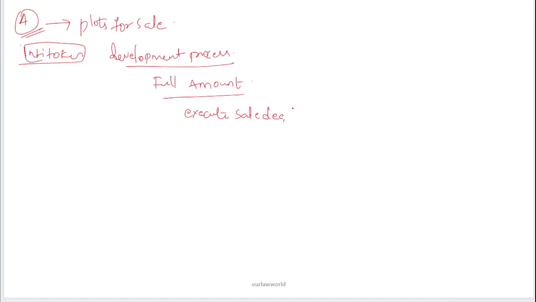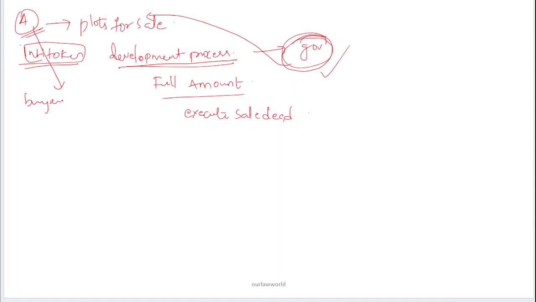In the meanwhile, after taking the token amount, during the development project, the government entered. It said to company A that it will be taking these plots for a temporary purpose for the government, and later it will return them after its purpose has been completed. After this was ordered, the company told all the buyers that such an issue has happened, so we are not sure when the government will return the land.